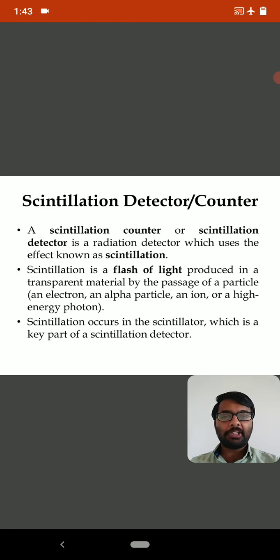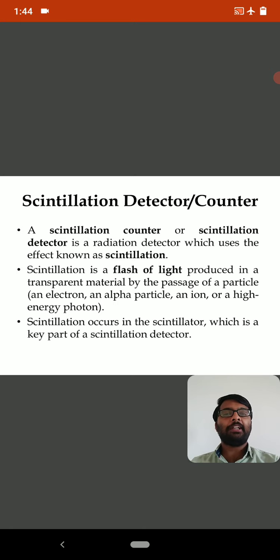So this scintillation detector or scintillation counter works on the principle of the production of flashes of light called scintillations. Scintillation occurs in a scintillator, which is a key part of the scintillation detector. So this scintillator is the key part or important component of this scintillation detector.